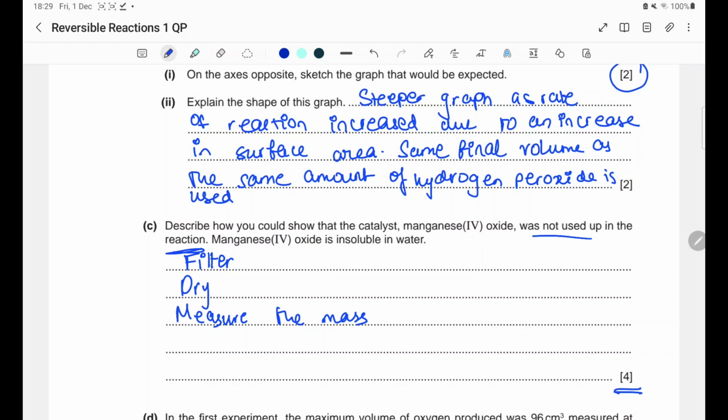Now this is for your information, that if the mass is the same, that means that it did not take part in the reaction. So over here you will say that the mass should remain 0.1 grams or unchanged.